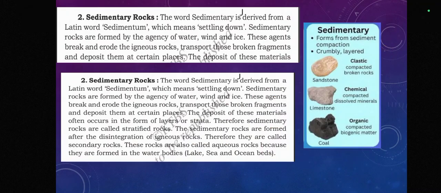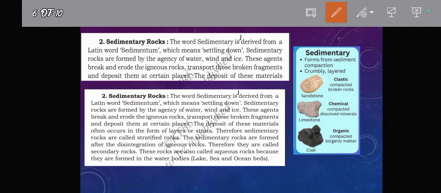The second important rock is sedimentary rock. Sedimentary comes from sedimentum, meaning settling down. That is a secondary rock, after the volcanic rock or igneous rock. Lakes, seas, oceans, the ocean bed, these are all places where we can see them.